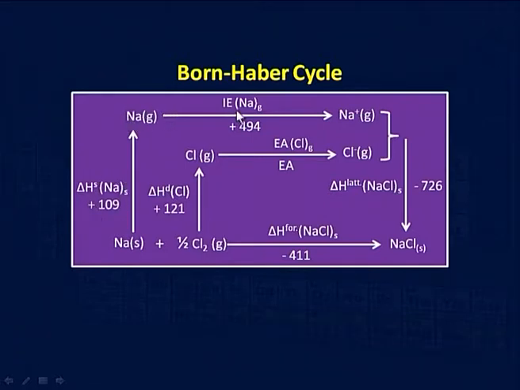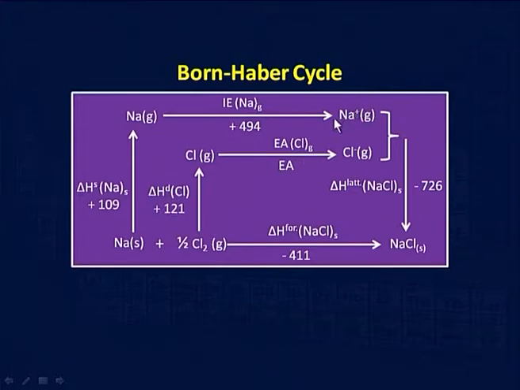Then this gaseous atom loses an electron, and the energy required to remove an electron changes it into the gaseous sodium ion. The chlorine molecule changes into chlorine atoms, and this is the dissociation energy required for the chlorine molecule to change into the chlorine atom. When this gaseous atom gains an electron, energy is released, and this amount of energy released is what we have to find out.